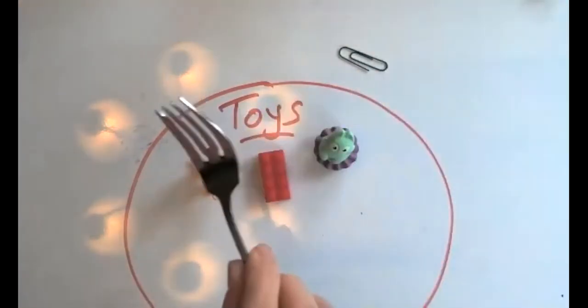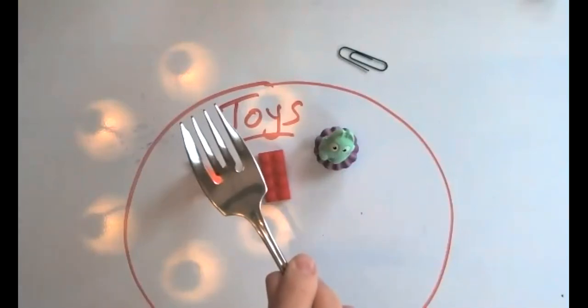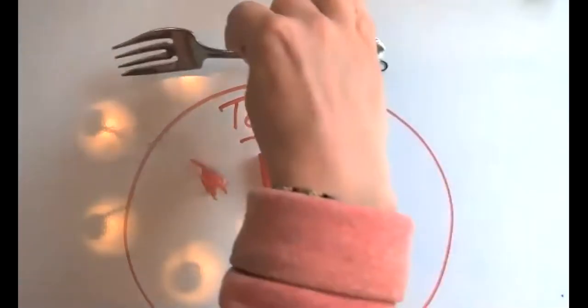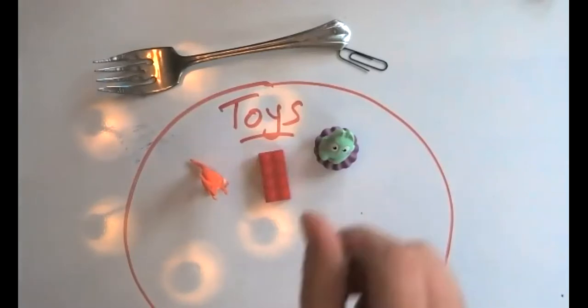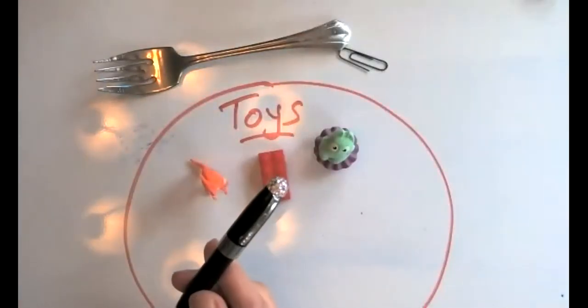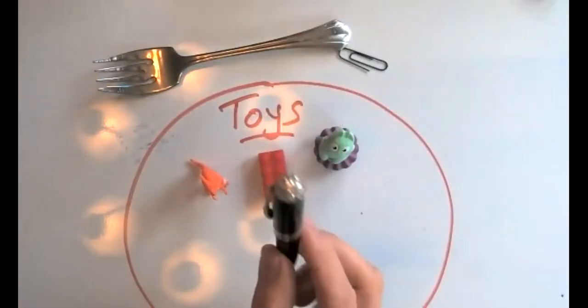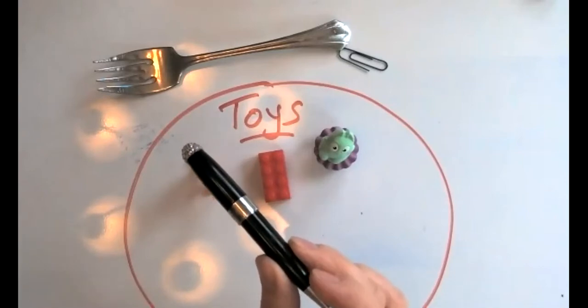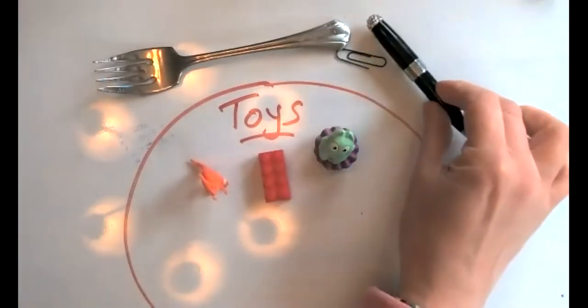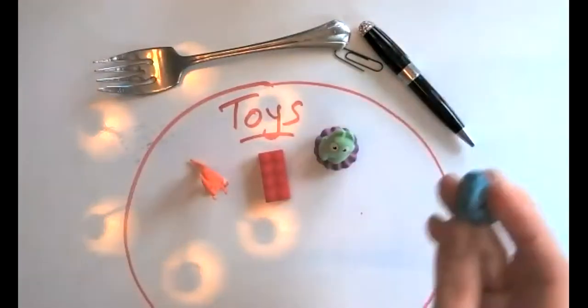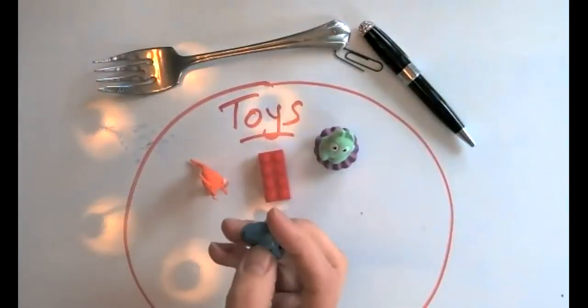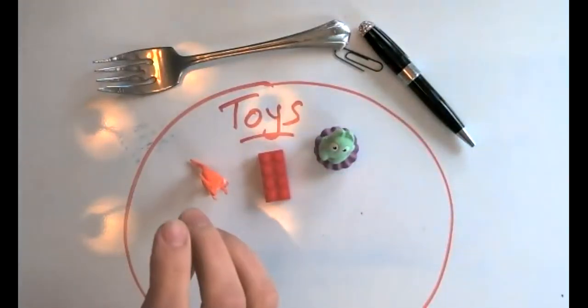I have a fork. Is a fork a toy? Nope. Fork goes outside of the circle. I have a pen. It's a fancy pen. But is a pen a toy? Nope. That's outside the circle. Then I have a beautiful blue rock with a hole in it.